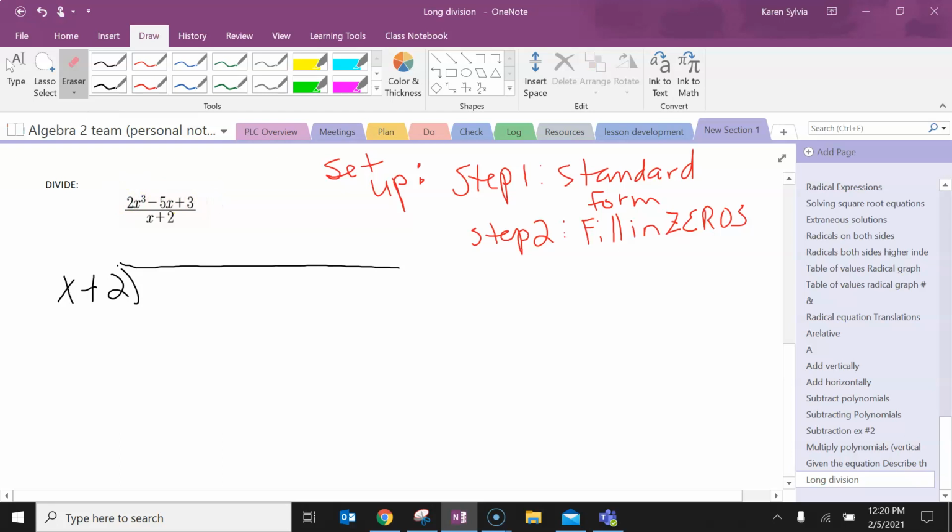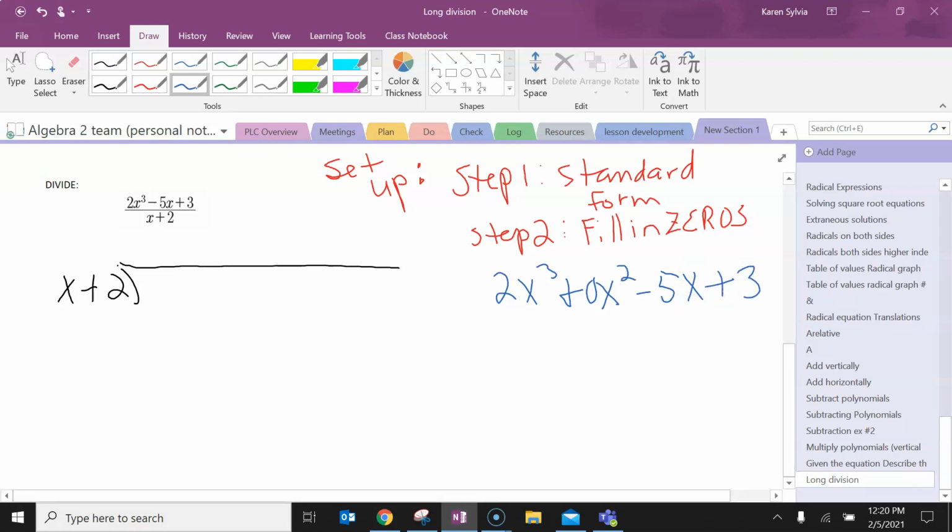However, step 2 says to fill in any zeros. If you recall from the notes up above, we need to make sure that every exponent is accounted for. So what I'm noticing here is I have a 2x cubed. I have no x squared, so I need to add in a 0. I have an x to the first and then my constant.